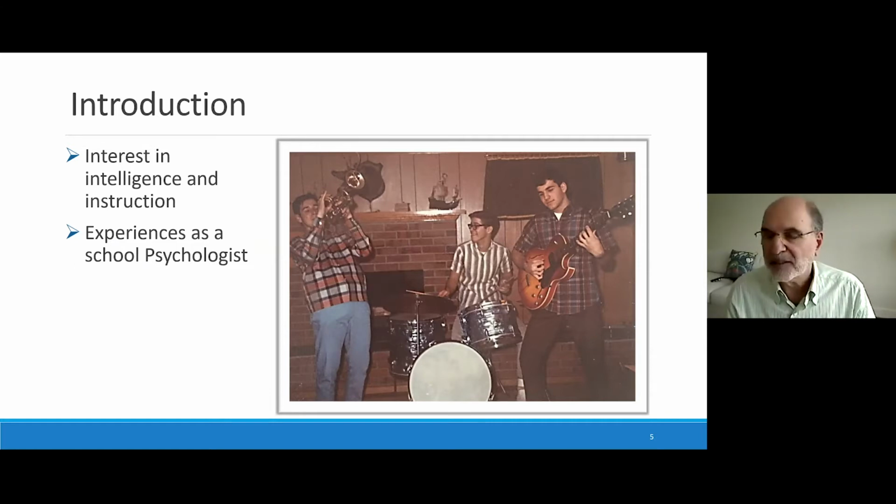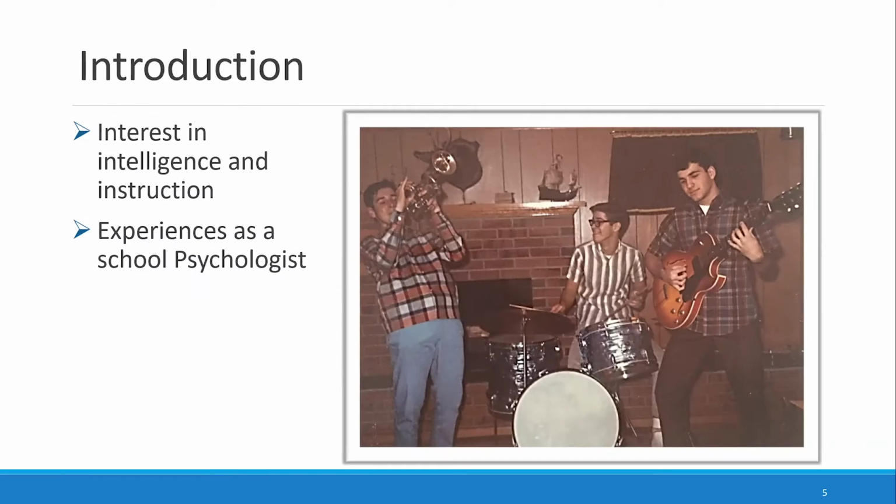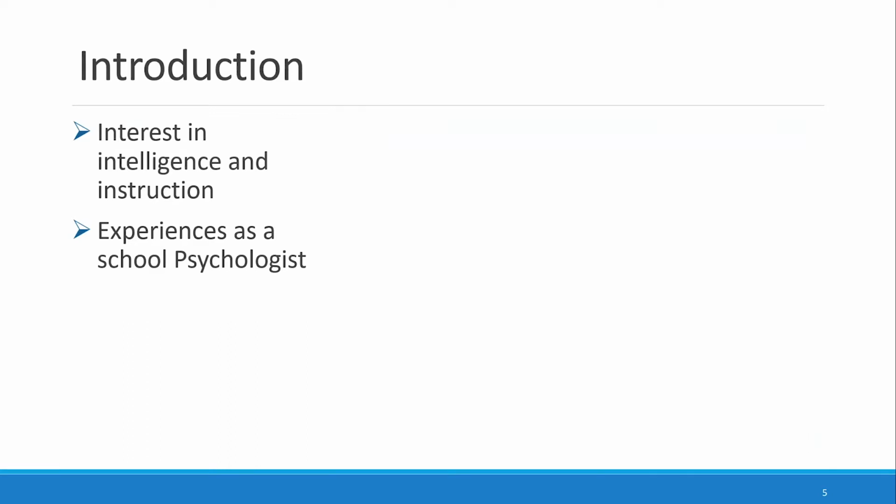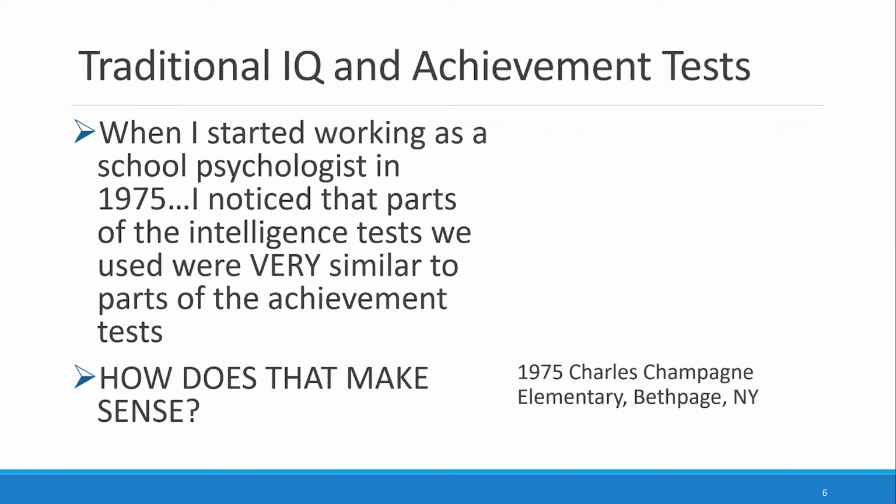Of course, that's what PASS theory is, right? It's really a theory of learning. We might call it intelligence or ability, but really the implication of those concepts is how people learn. So I started out working as a musician and teaching, and then I started working as a school psychologist.